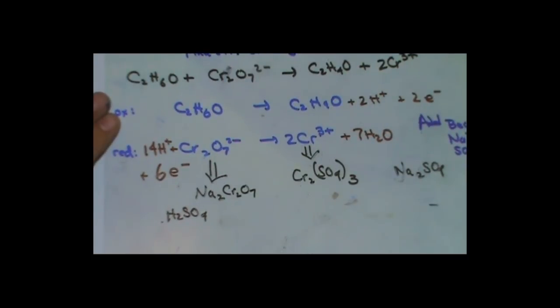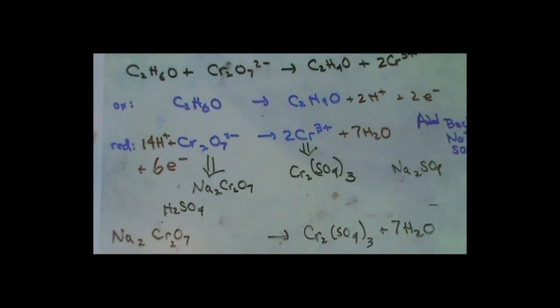Let me rewrite the answer here a little bit. So I'm going to have a Na2Cr2O7. On the other side, I'm going to have a Cr2(SO4)3 and I'll have 7 waters. Now I'm going to have to add the sodium sulfate back.